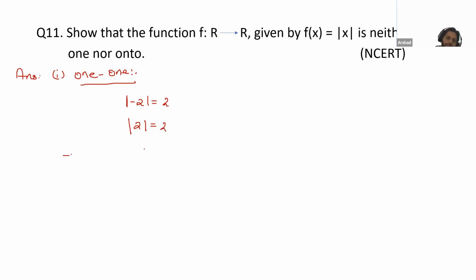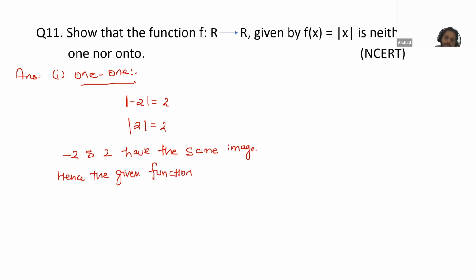So we can say -2 and 2 have the same image. Hence the given function is not 1-1.